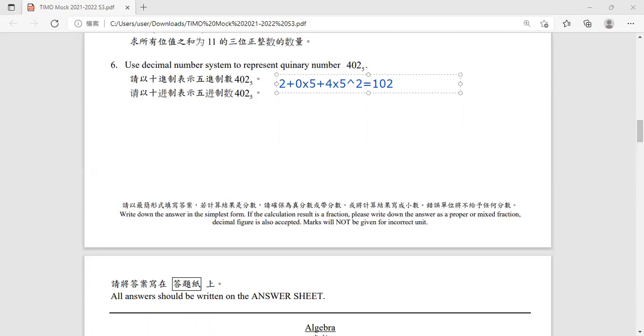It's 102, just that. You just convert a base 5 number to a decimal number. You just use all the powers of the place value. Because it's a base 5 number, the 4 will be times 5 squared.